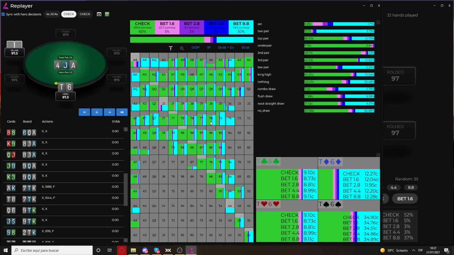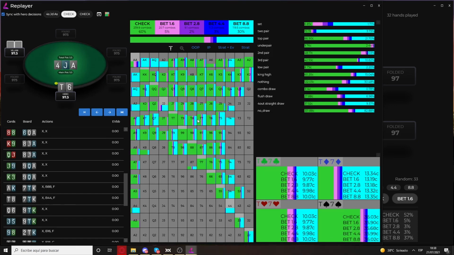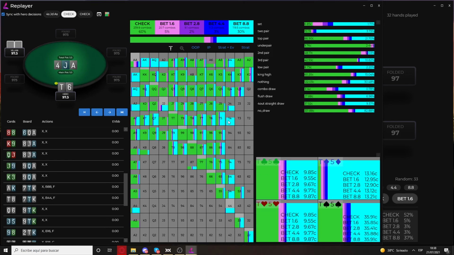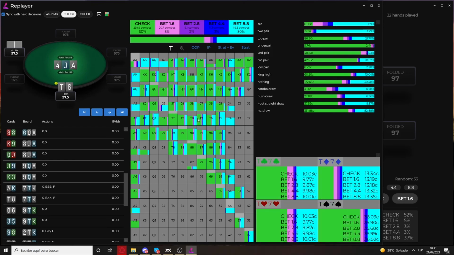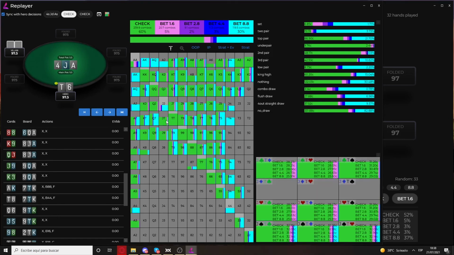I think we would have to dive deep into that at some point, because it's an interesting thing that happens all the time on a bunch of spots. It mostly is the other way, of course: the extra equity makes you bet more often, but sometimes this happens. Not sure why. Don't think it's important. No one really does it.